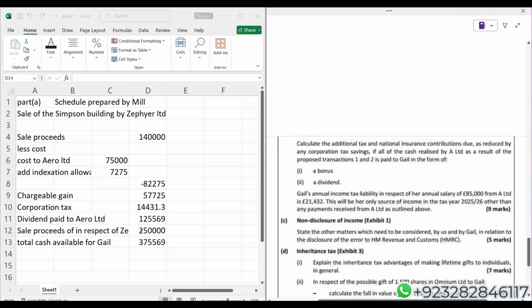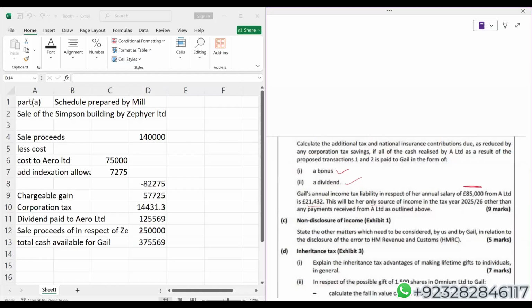Part B. Calculate the additional tax and NIC contribution, additional tax and additional NIC contribution due, as reduced by any corporation tax saving, if all the cash realized by Arrow as a result of proposed transactions were paid to Gail. Either we are paying this to Gail in the form of bonus or dividend. Gail's annual income tax liability in respect of her annual salary of 85,000 from Arrow Limited they have already given us: 21,432.